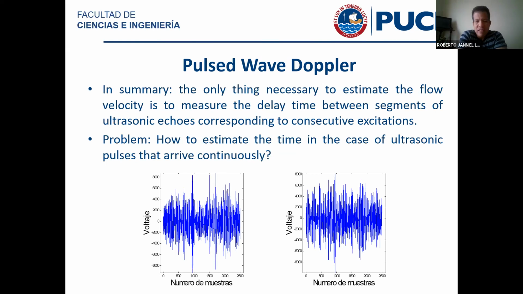Now, in principle, nice and dandy. But the problem is, how do you do it in the case of ultrasonic pulses that continuously arrive? This is an example of a simulated data set. It's arbitrary units of voltage, because of course that's not 6,000 volts or something ridiculous.